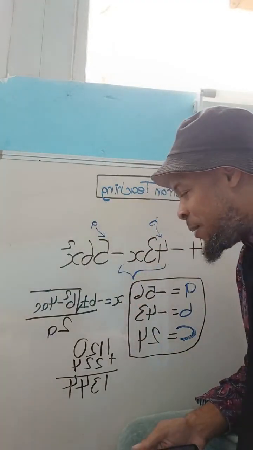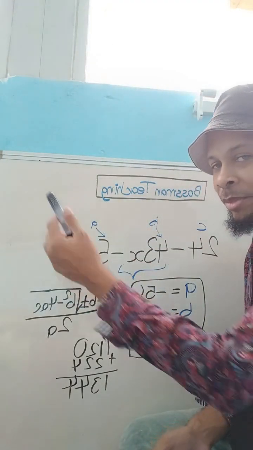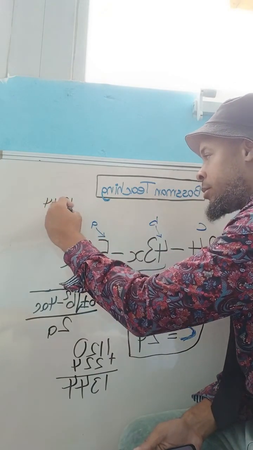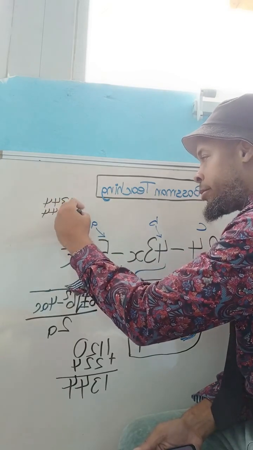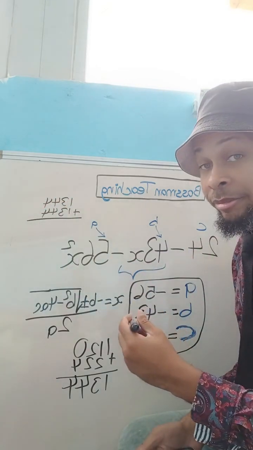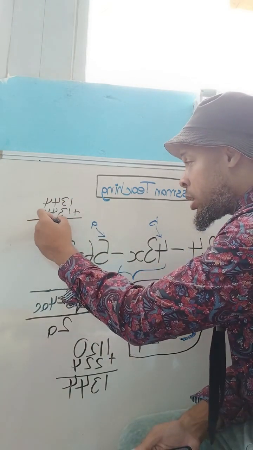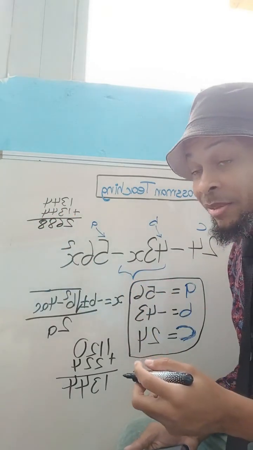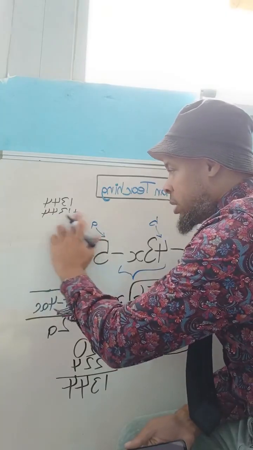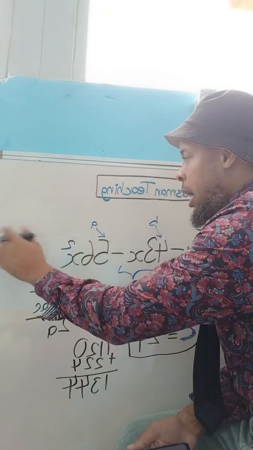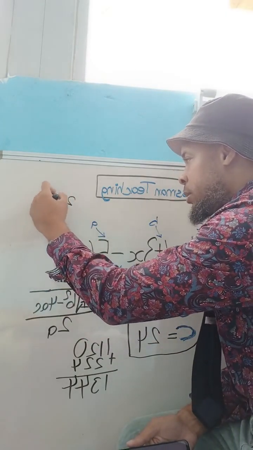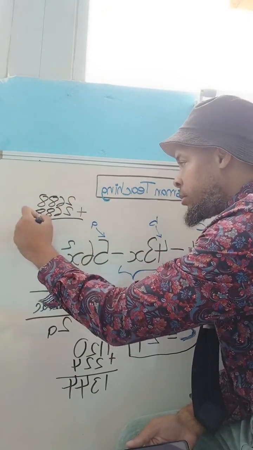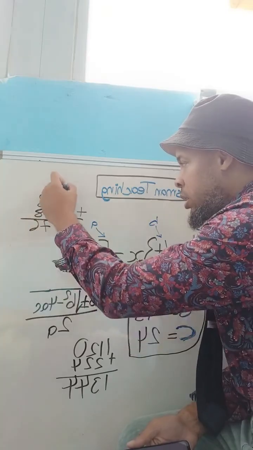So, 1344, add it to 1344. You get 2688. Then, after you do that, add 2688 to 2688.